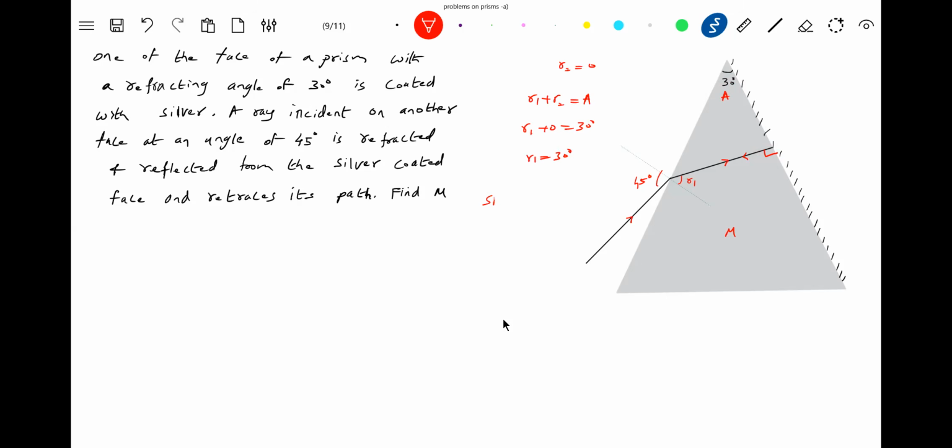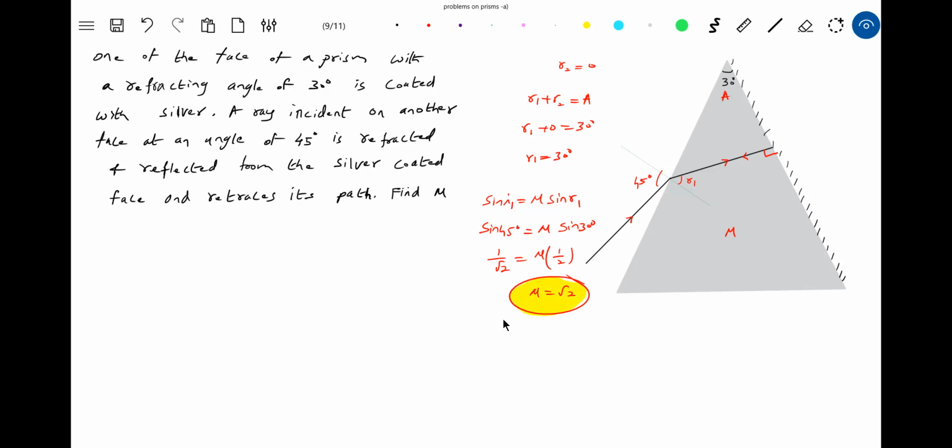Sine I1 equals mu sine R1. Very simple problem, over. So he's testing all about how you draw the diagram. This is very fundamental.